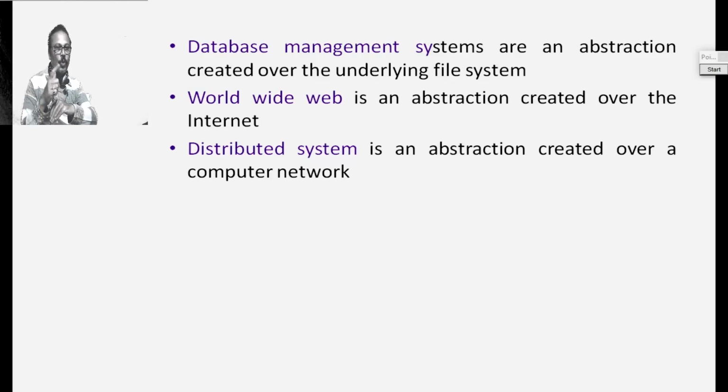But it is the World Wide Web which brought the internet to the common man. Because if you have just internet, then if you want to access any resource, you should know exactly where the file or resource is available, explicitly get connected to it, and then download it if necessary. But World Wide Web is an abstraction that is created over it, and it takes care of everything.